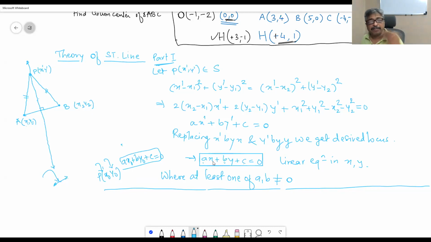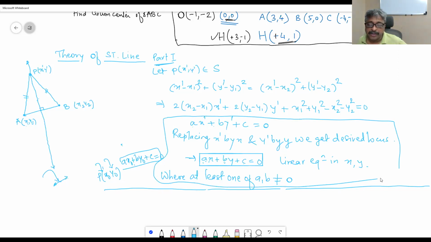So every step is reversible in this case, and there I can go back from here to here, by replacing a and b by these two. If one point P(x0, y0) satisfies this, then I can always go back. We are just doing it to show that it is linear.